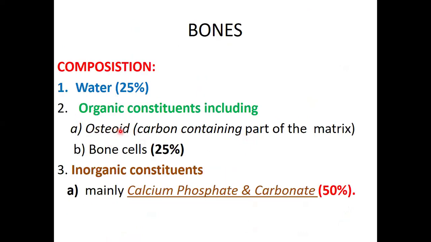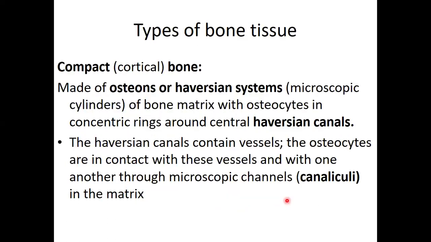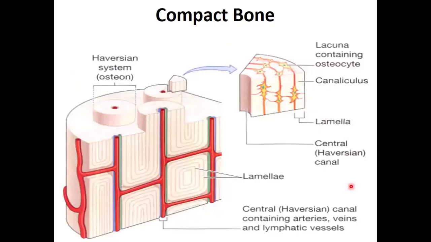This is the matter that is secreted by bone-forming cells. When osteoid mixes with inorganic constituents like calcium carbonate and calcium phosphate, the bone hardens. When the cell is actively producing the osteoid, we call it an osteoblast. When it stops producing that, it is now called an osteocyte.